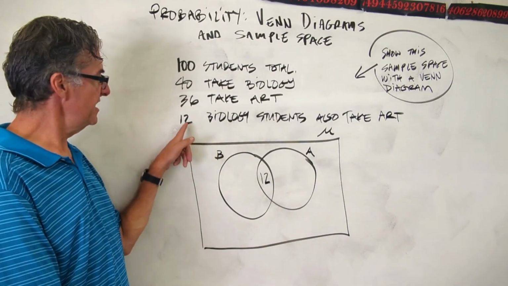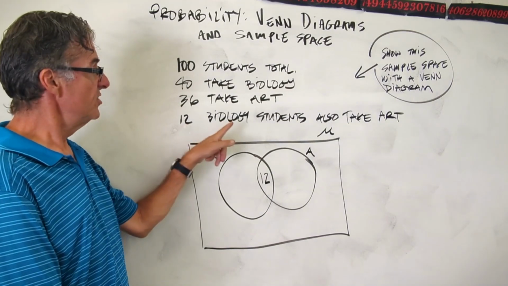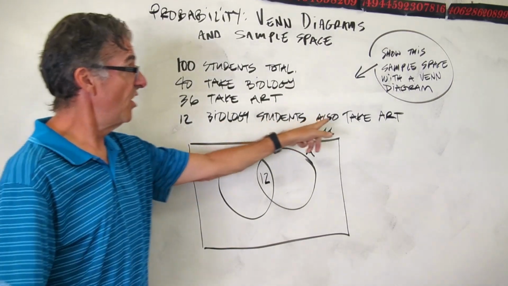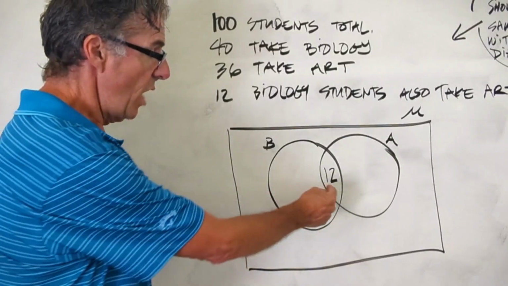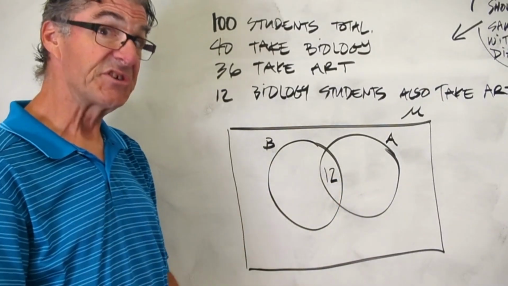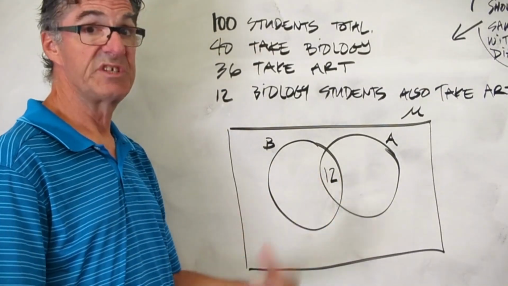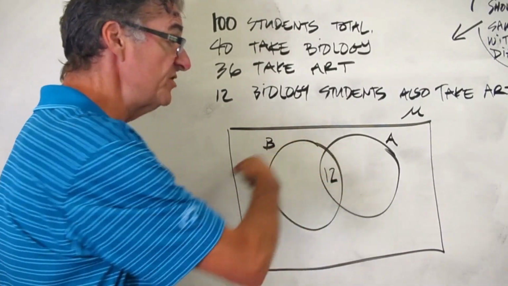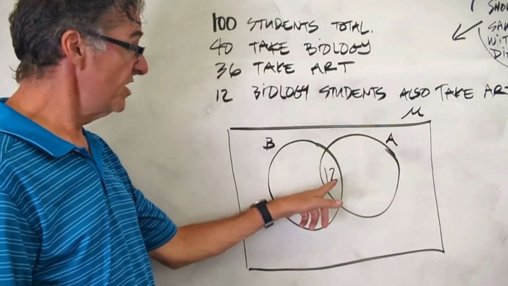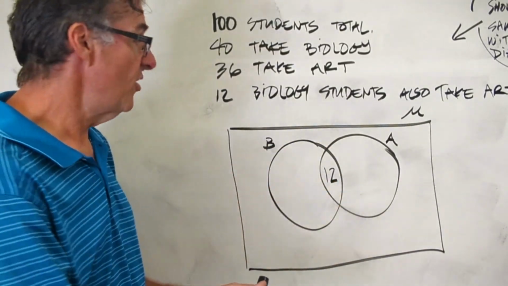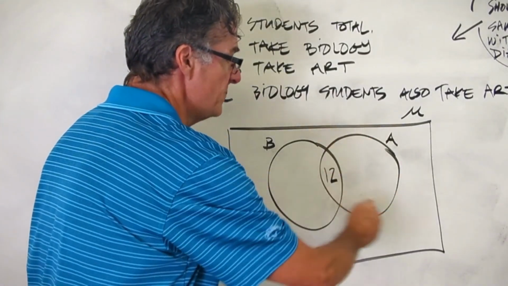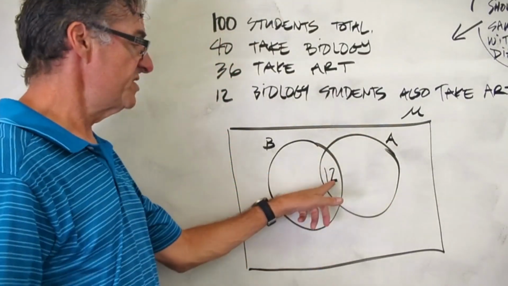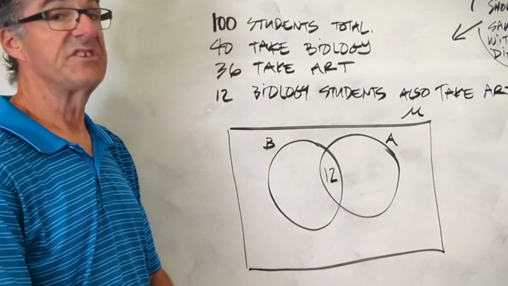All right, so the key to getting into this is this number here. 12 biology students also take art. So I can put 12 here in the intersection between these two sets. So 12 of the total that are in the biology circle, 12 of those take art. And it's also true then that 12 of the people that are in the art circle also take biology. So that gets us started.